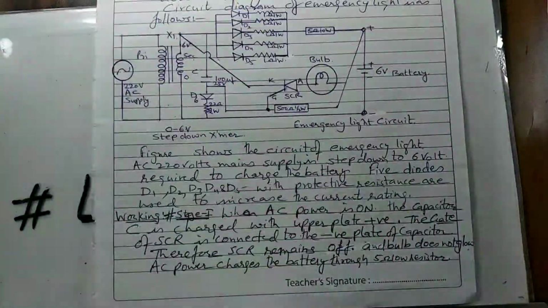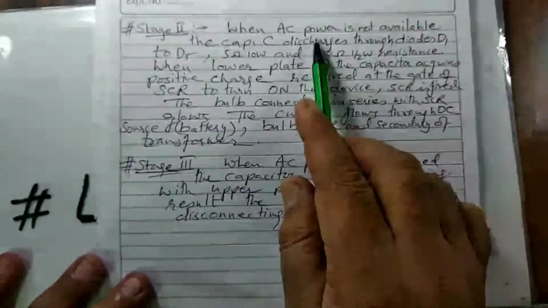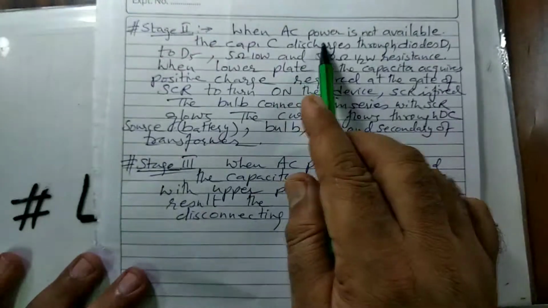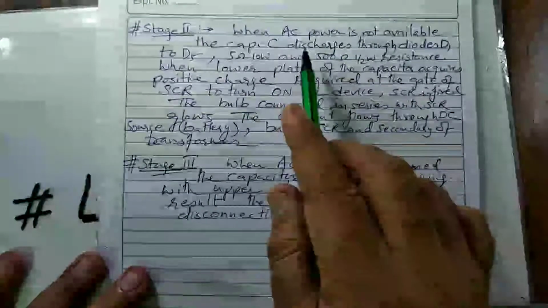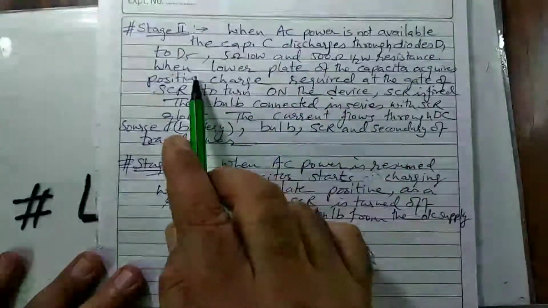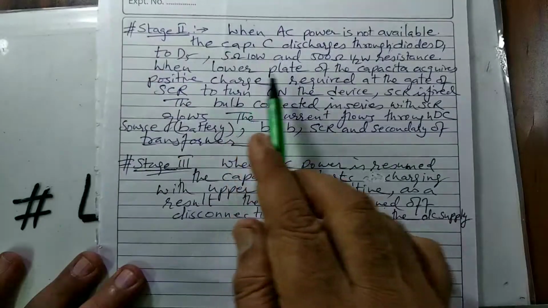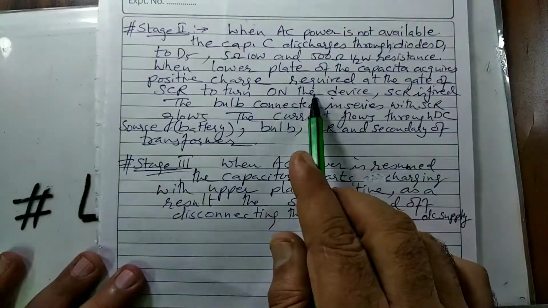Now, stage 2. When AC power is not available, the capacitor C discharges through diodes D1 to D5, the 5 ohm 10 watt and the 500 ohm half watt resistor. The lower plate of the capacitor acquires the positive charge required at the gate of SCR to turn on the device.